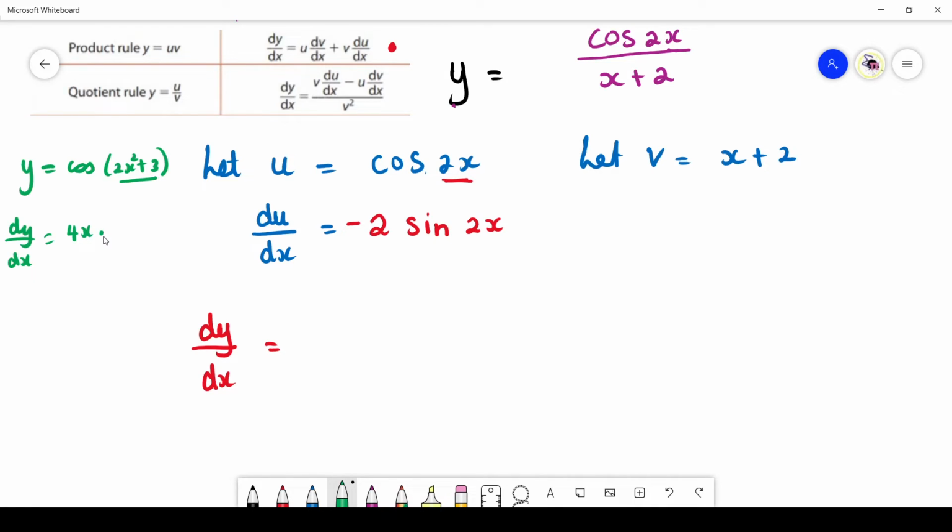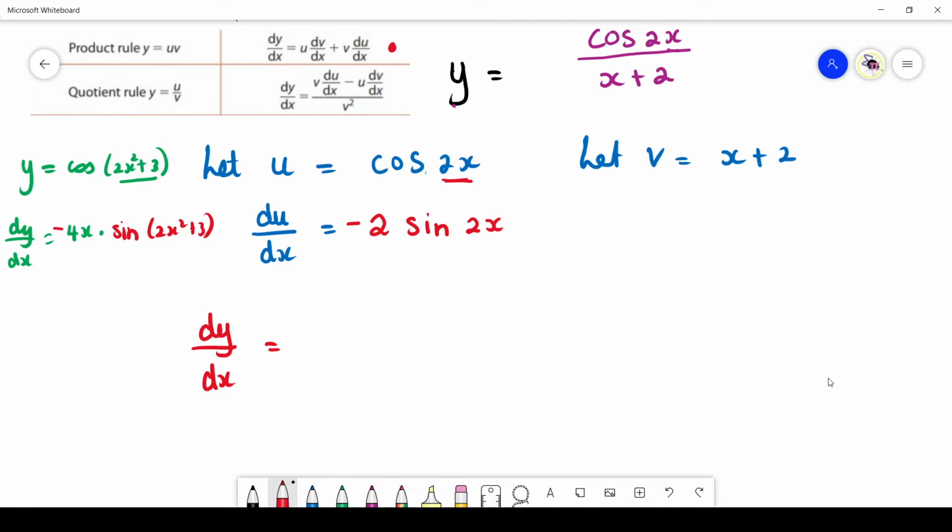Then you identify the derivative of cos. It's negative sine. So you simply write in that negative sine, and you rewrite your entire function contained within the bracket. That is your final answer.